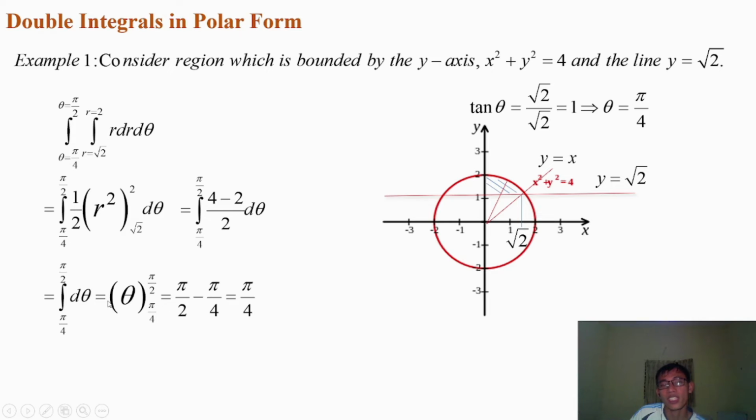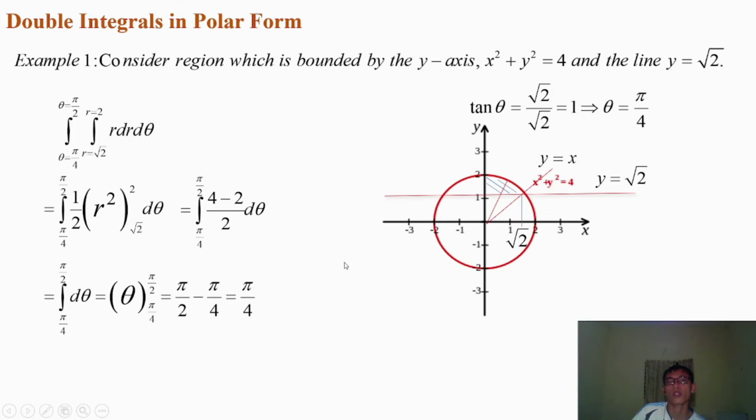Then the integral of d theta is equal to theta, defined from pi over 4 to pi over 2. Substitute the numbers in and we get pi over 2 minus pi over 4, and it's equal to pi over 4. And here is the answer of our example 1.